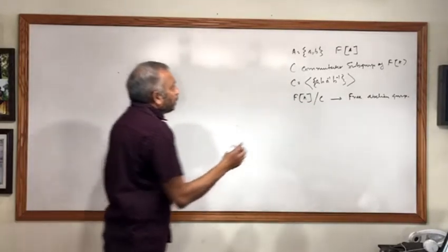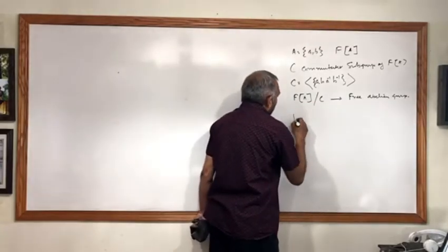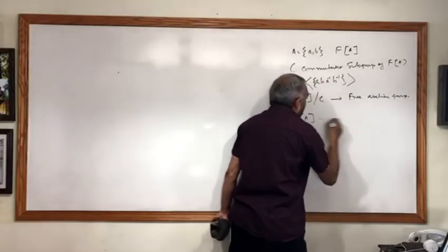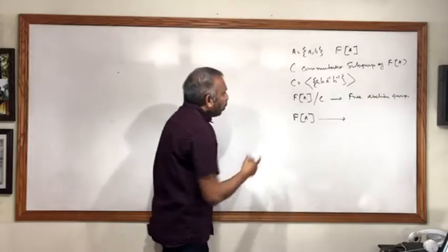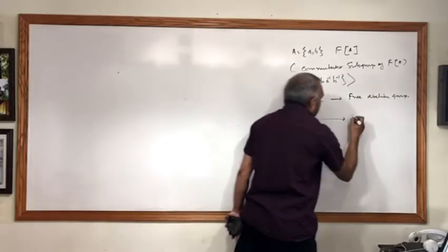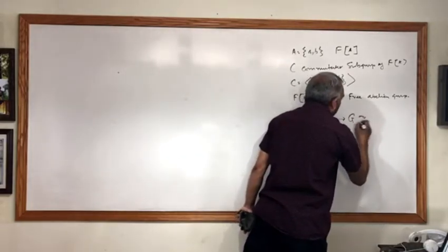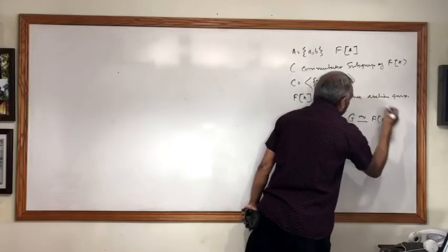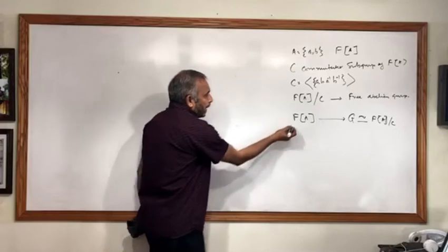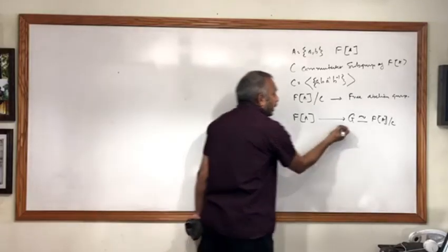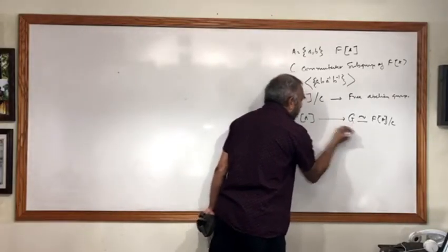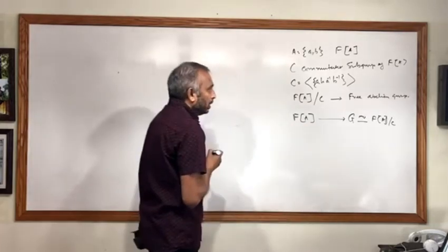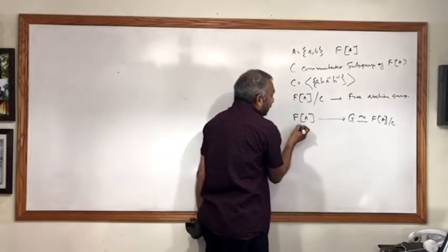Okay, so our aim is to get a group isomorphic to this from a free group. So we are actually deriving this group from F of A. And how did we do this?